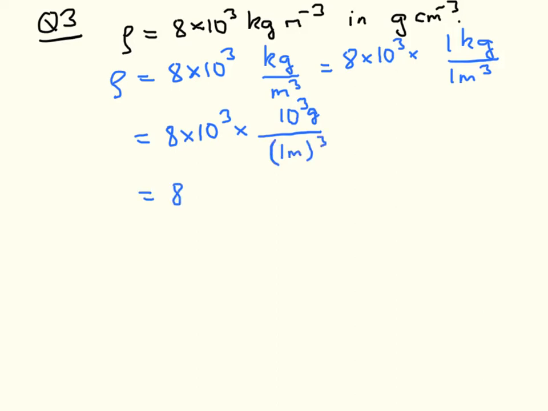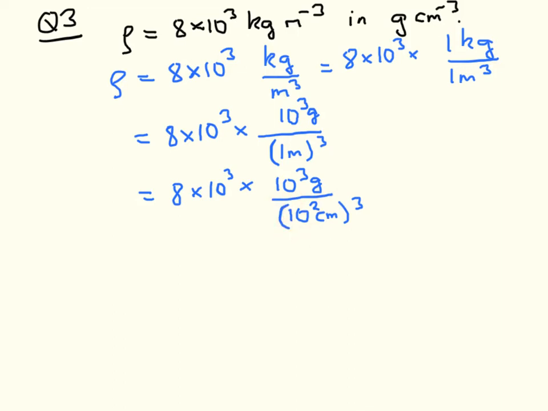So we have 8 times 10 to the 3 times 10 to the 3 grams divided by, and now we want to write this as cubic centimeters on the bottom, and a meter is 100 centimeters, so it is 10 to the 2 centimeters all cubed. And you see here we have a number bigger than 1, just as we hope to get.